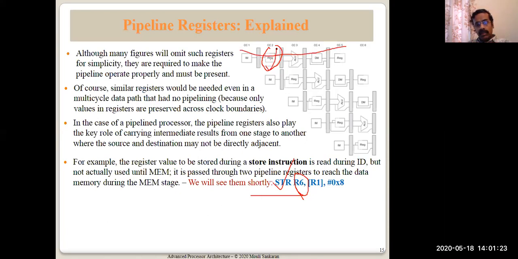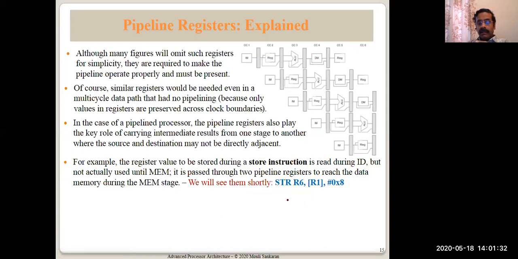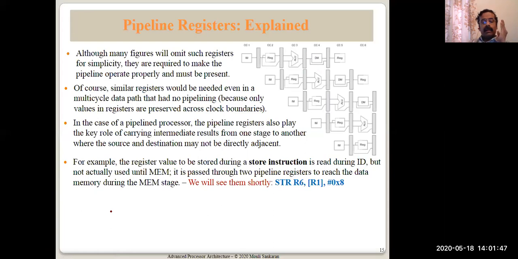It is passing through this as well as this and this. When it is passing through the ID stage, R6 is picked up, and then the actual storing happens during the data memory access. At that time this value is stored in the data memory. So I need to pass that value through these pipeline registers. That is the job of the pipeline registers. Understand it well. It is very, very important to go further into the detail of the pipeline.